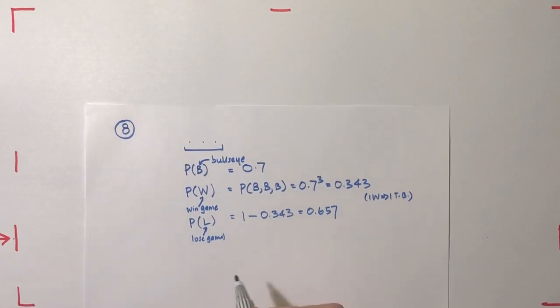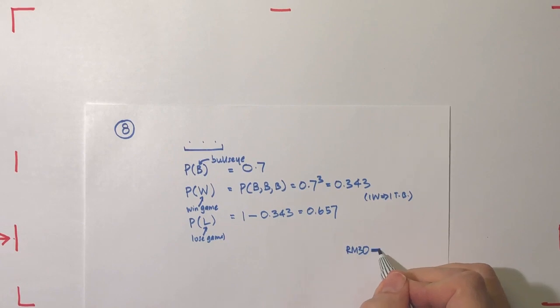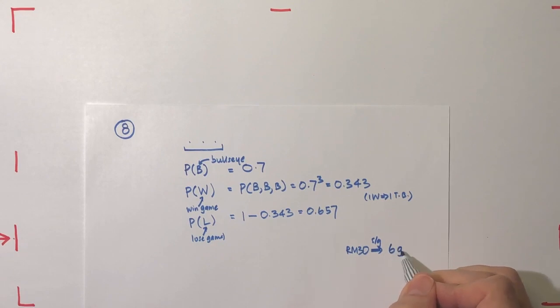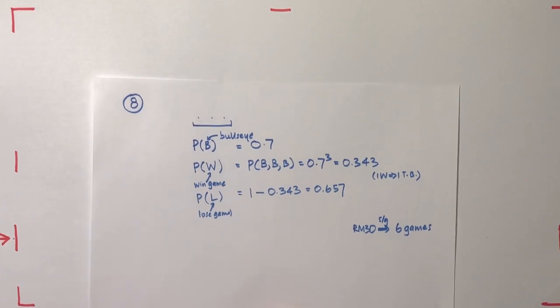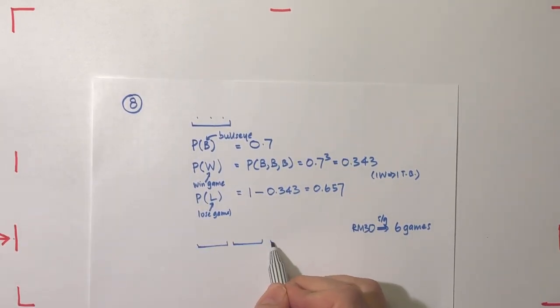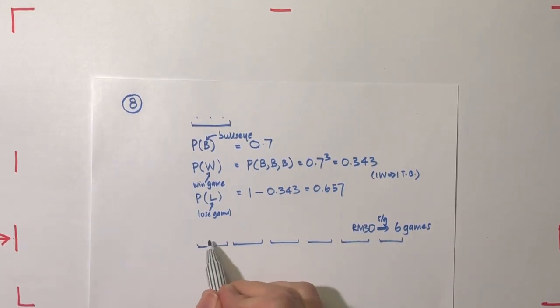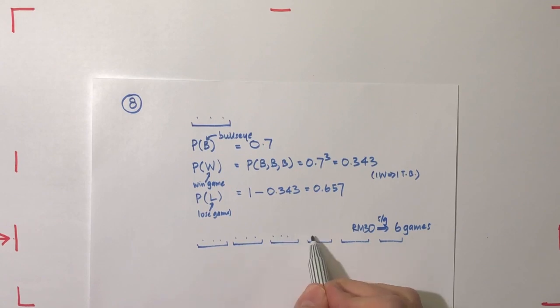Now, the question says that if you're given 30 ringgit, and it costs 5 ringgit per game, so 30 ringgit translates to 6 games. So if you play 6 games, so you have 1, 2, 3, 4, 5, 6 games, and each game has 3 throws.